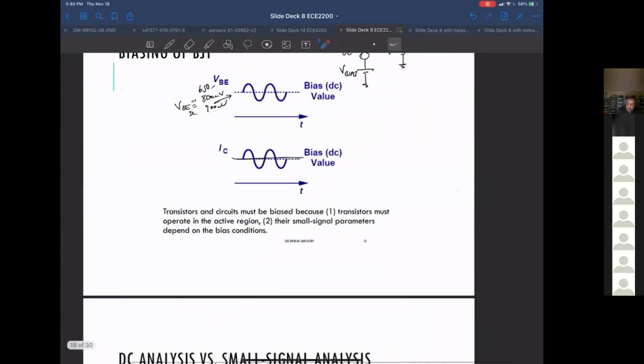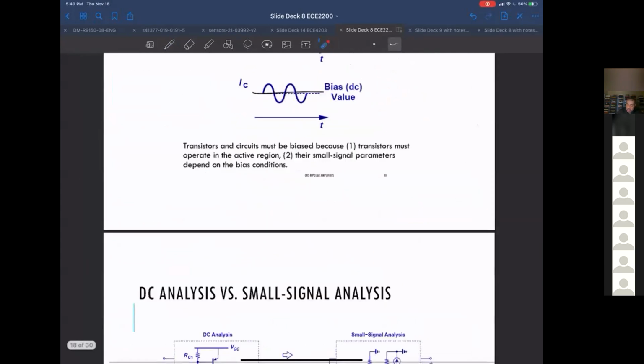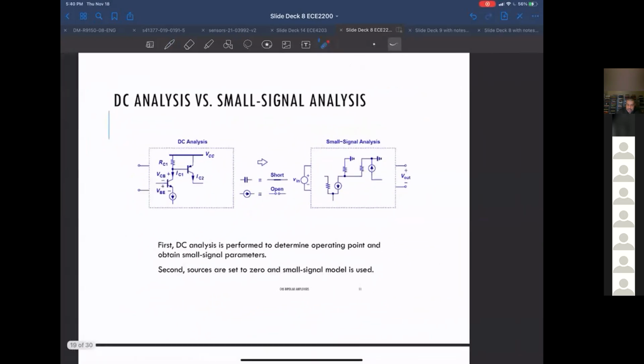So that's what we want to create. We're looking today at how to build these different bias circuits, because a battery or a voltage source is not going to be available at a reasonable cost, at a reasonable size, in large volumes like you would need. This next slide is about DC analysis and small signal analysis.